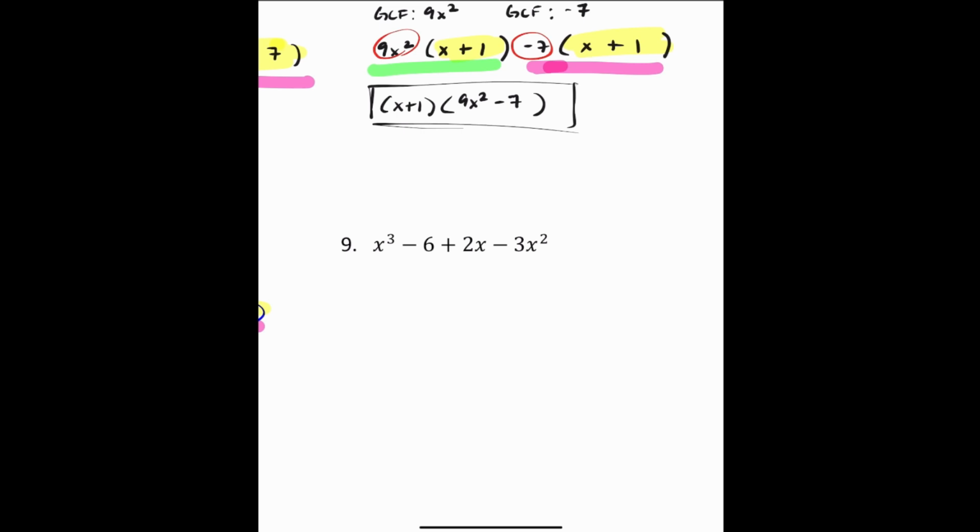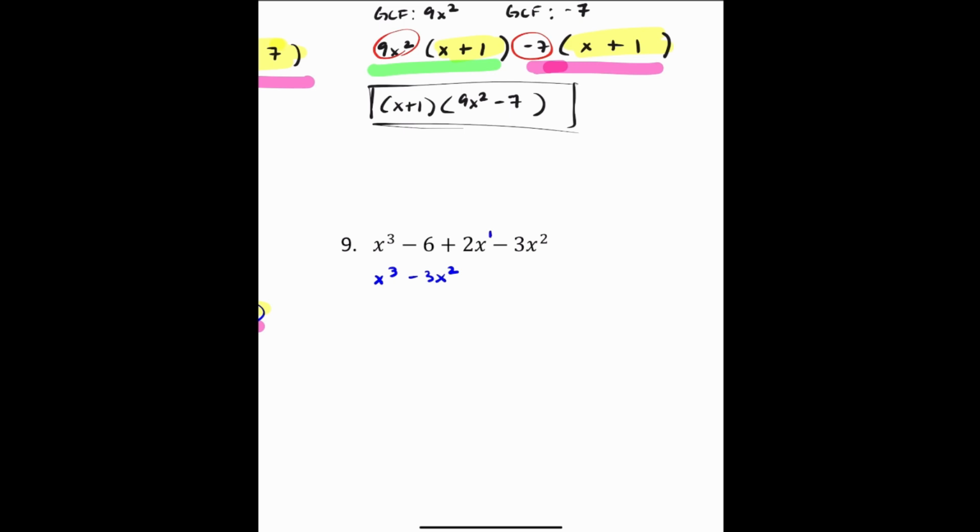The highest exponent is 3, so it's x cubed, and then what's the next highest exponent? That would be 2, right? So we will write negative 3x squared. Since the negative is attached to the 3x squared, we have to write that as our next term. And then what's the next term after that? Well, the next exponent would be 1, right?